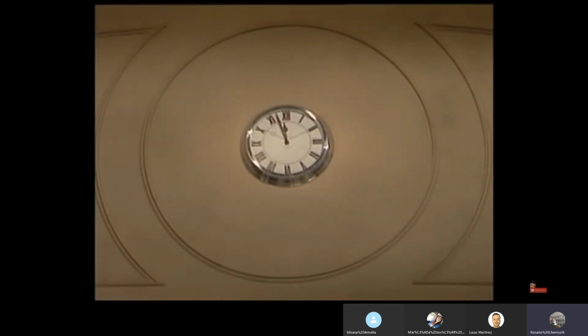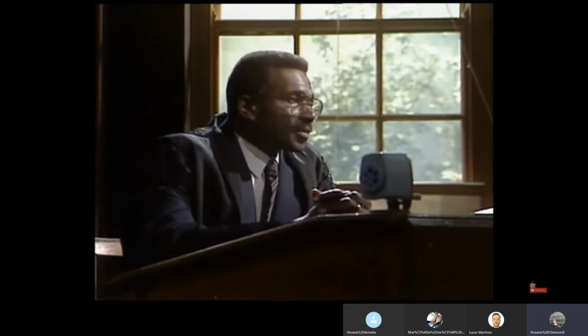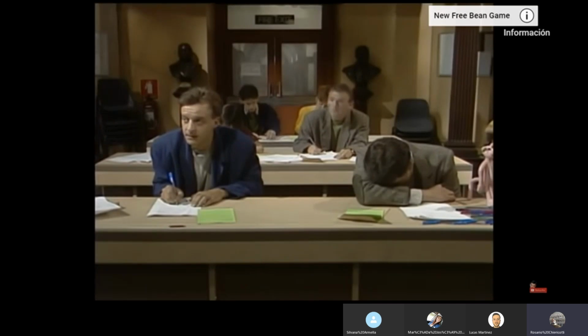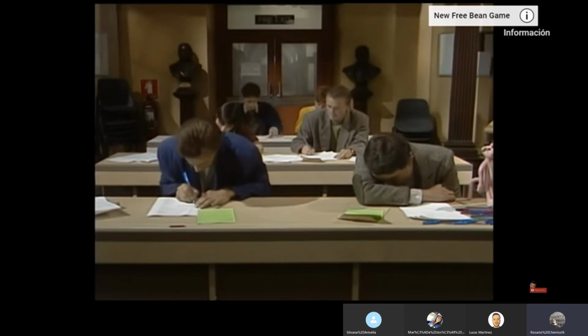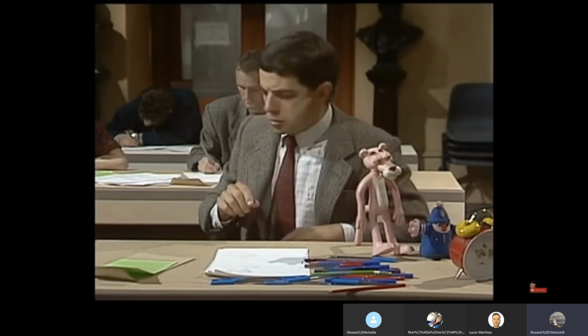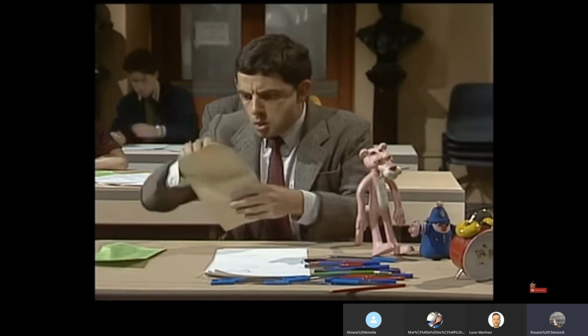Two minutes, ladies and gentlemen. At the end, those who answer the green calculus papers, please put them in the green box. And those who answer the white trigonometry papers, please put them in the white box.